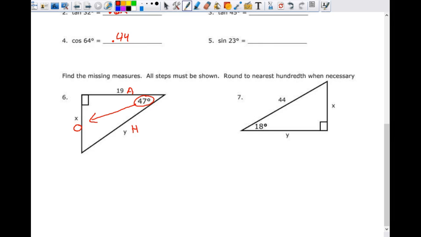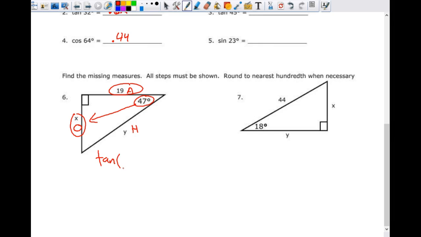It's gone. Cover it up. So we have to look at which ones have buddies. This has a buddy. This has a buddy. So we know we're going to have tangent. We know it's tangent because it's opposite and adjacent.